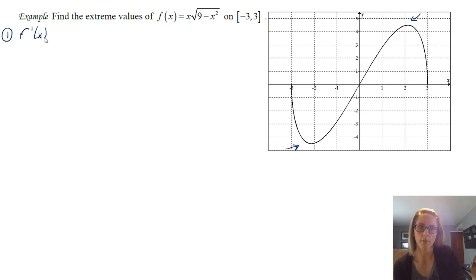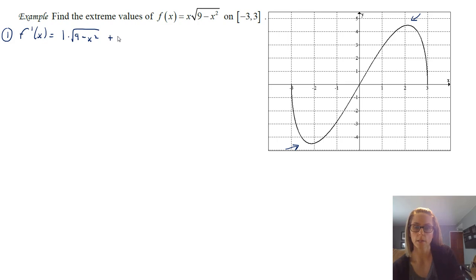So we need f prime of x. And what I'm going to do is I am going to need the product rule. You can do this a couple different ways. I'm going to take the derivative of x and multiply it by the square root of 9 minus x squared.